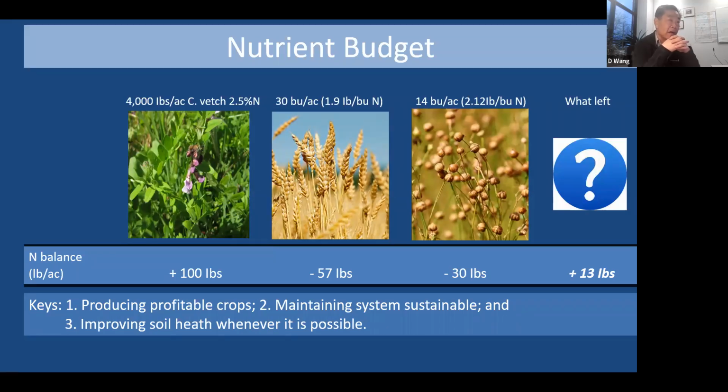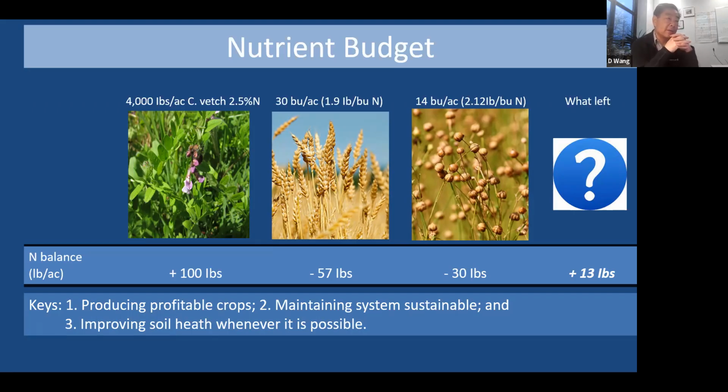If you grow a common vetch with a dry matter of 4,000 pounds per acre, which contain 2.5% nitrogen, for a cover crop in year one, you basically add 100 pounds of nitrogen into your soil. And the second year, you grow a wheat crop.